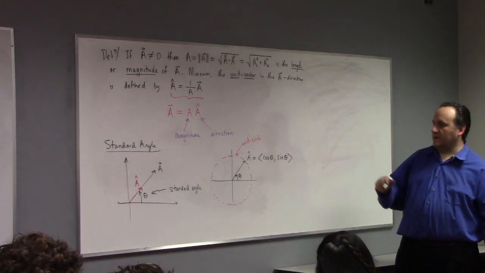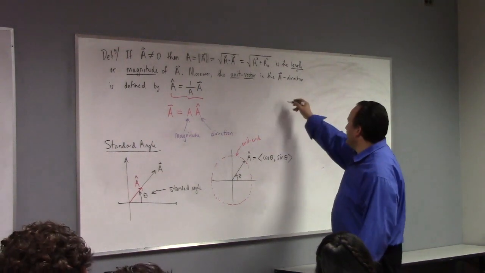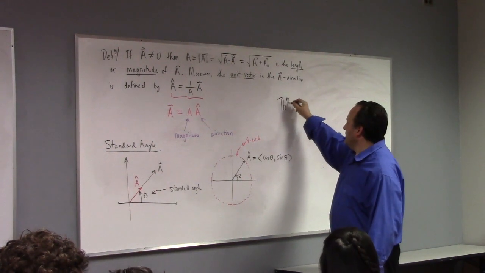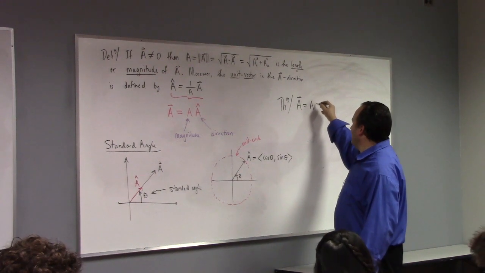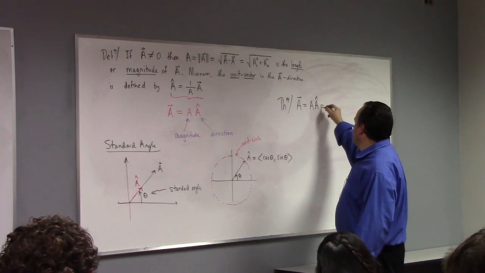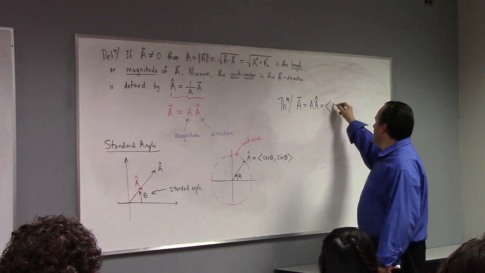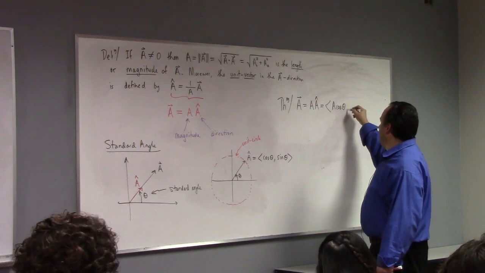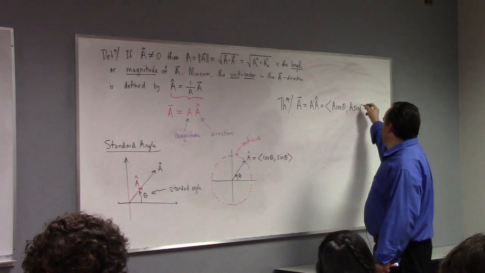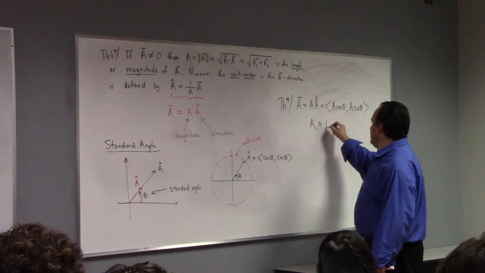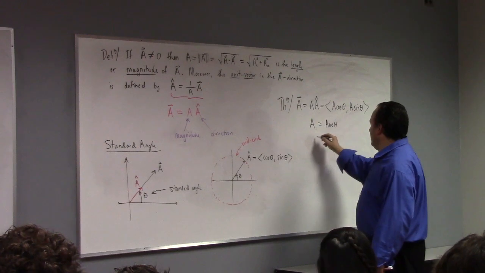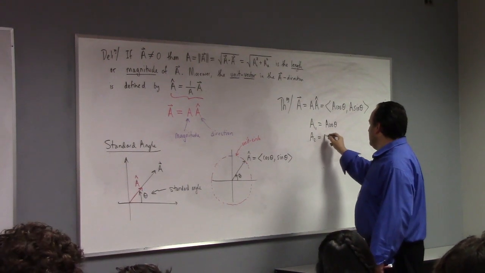All right. So another formula, let me just write it as a theorem, if you will. So the vector A we can write as the magnitude A times A hat, but we can also write it as A cosine theta, A sine theta. In other words, A1 is A cosine theta, A2 is A sine theta.